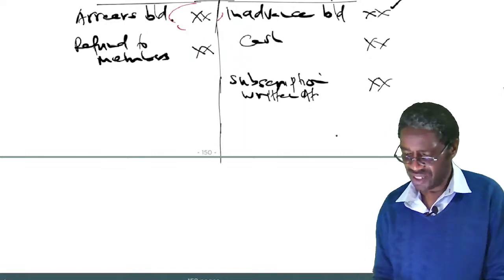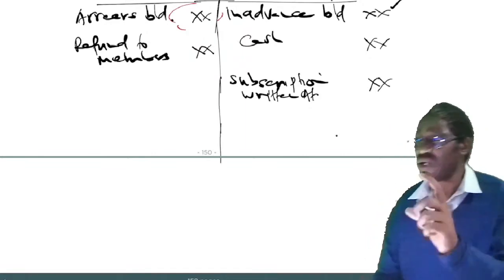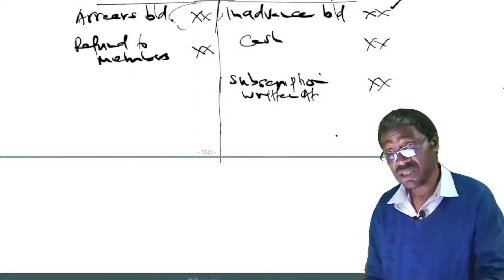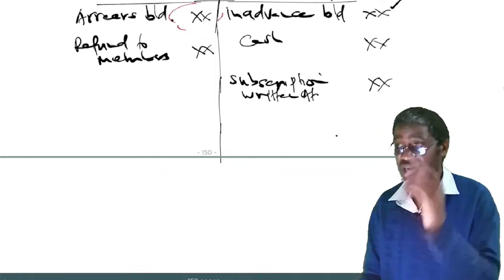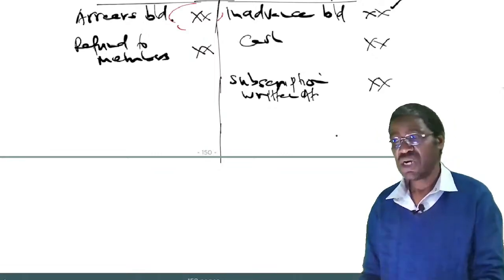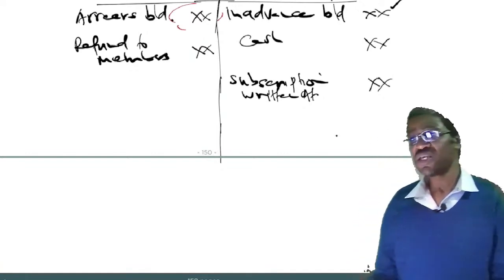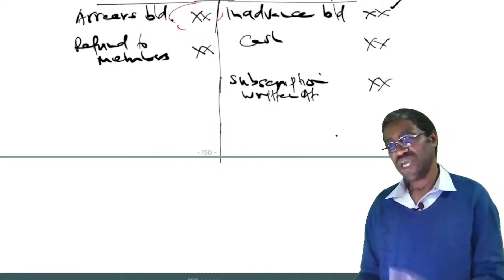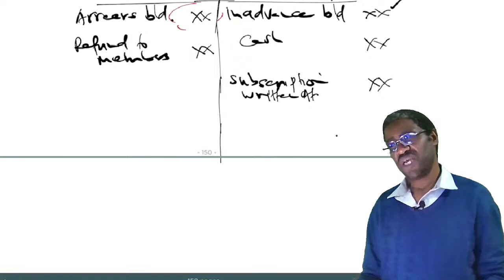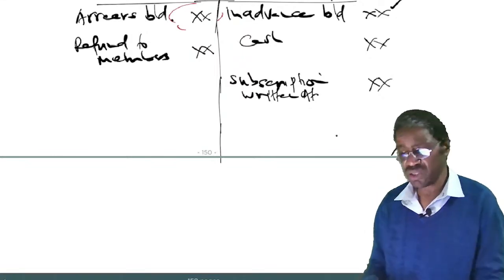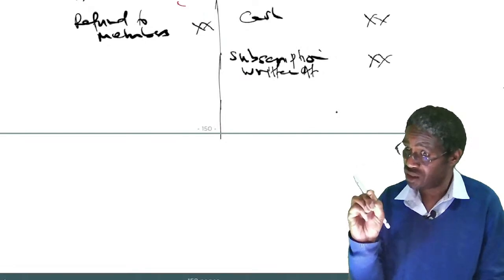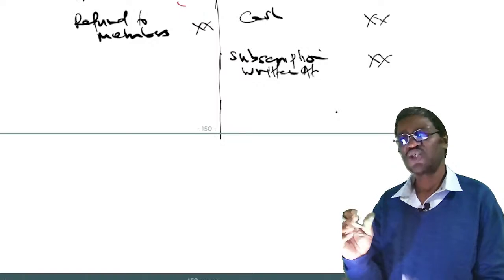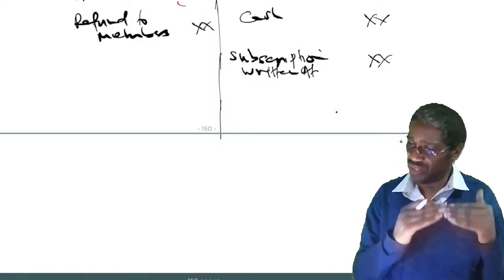Now listen. Then again, by end of this year, if there are any subscriptions that are still owing, some members have not paid us by end of this year, then we are still demanding from them. It's an asset. Any subscriptions owing by the end of this year is still an asset to us. I told you, an asset by the end of the year should appear as a brought down on the debit side.